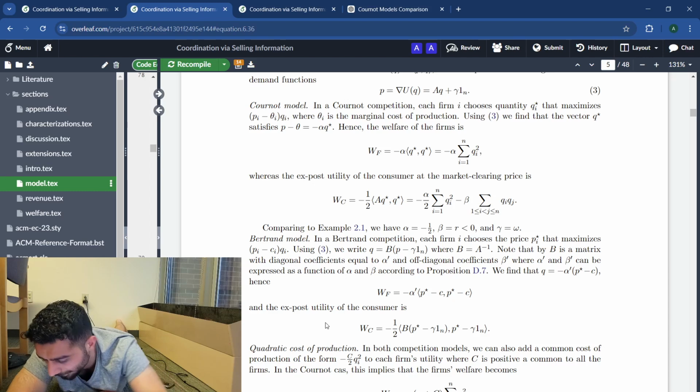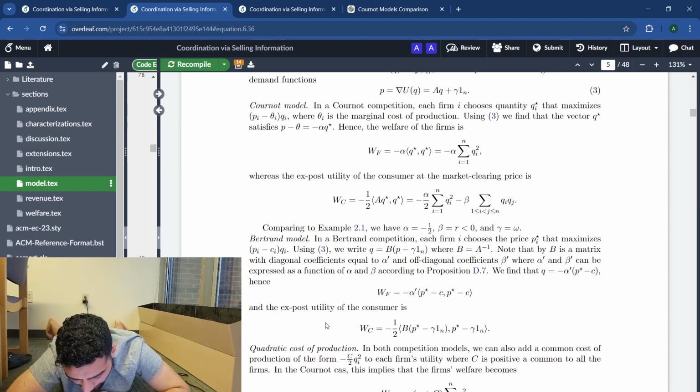What the consumer does is maximize this: V of P and Q, Q of P is U of Q of P minus the price it pays, P and Q of P inner product, right?